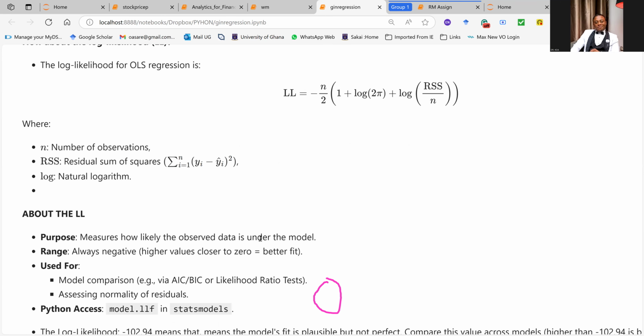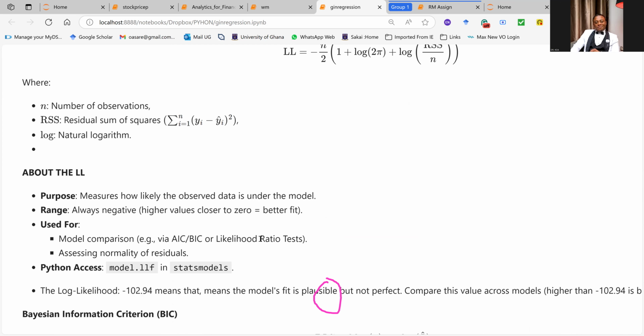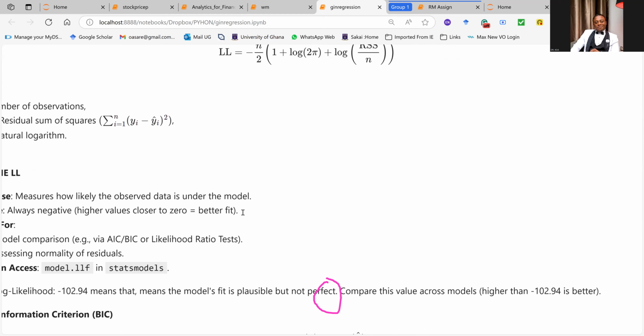To be honest, the log likelihood is normally used when you're comparing models. Let's say that you remove an independent variable, then you calculate it. One model has this log likelihood, another has a different log likelihood. Which one should you go for? The model that fits better is the one.